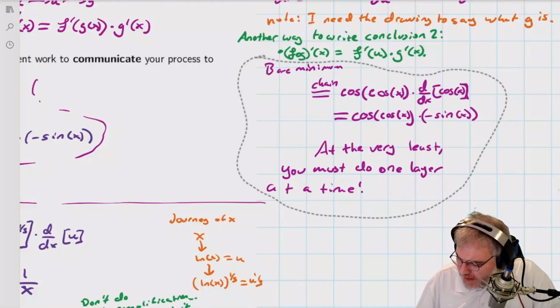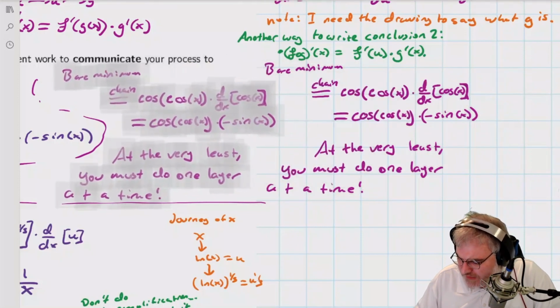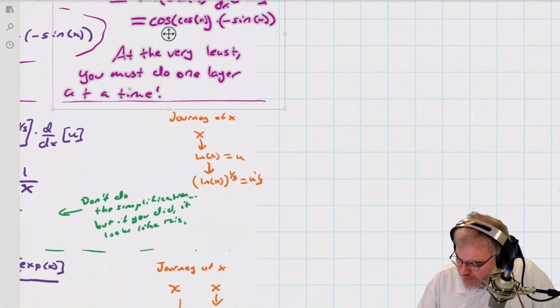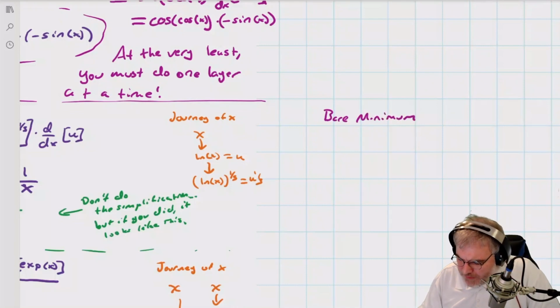And the important thing is that you only do one layer of derivatives at a time. Okay, so if we were looking at the bare minimum for this problem, it would be as follows.